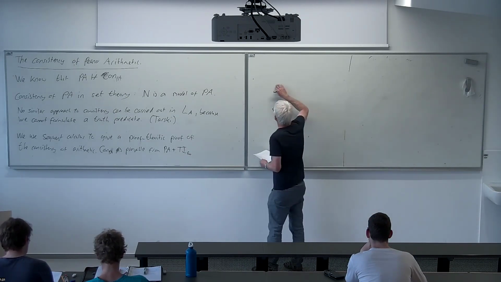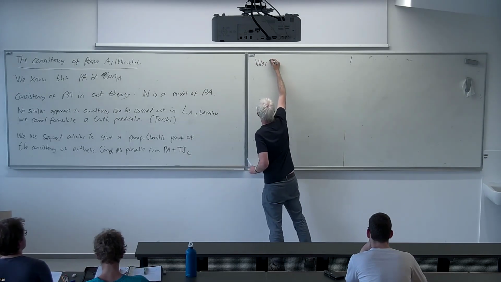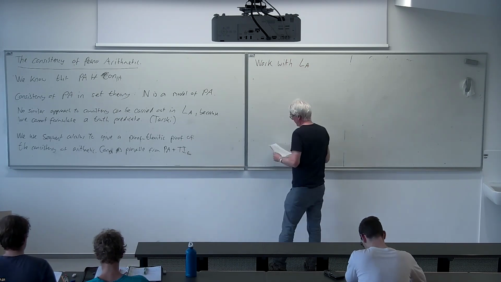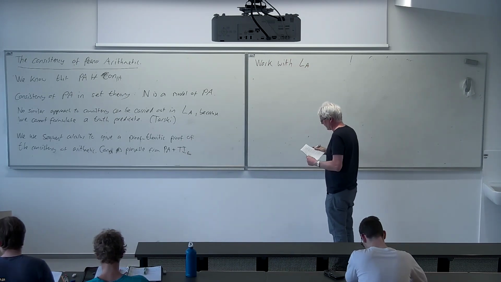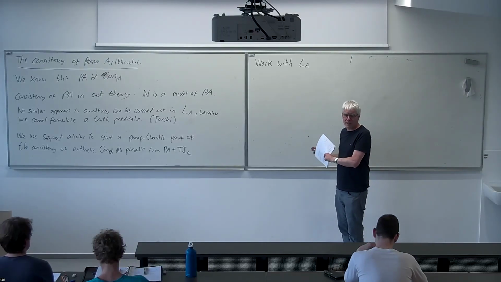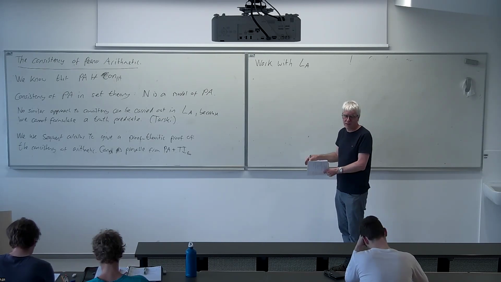So we henceforth work with the language of arithmetic, so all formulas are going to be in the language of arithmetic. We're going to take the sequent calculus from Andrew's part of the lecture, which was already a modification of the sequent calculus from last week.